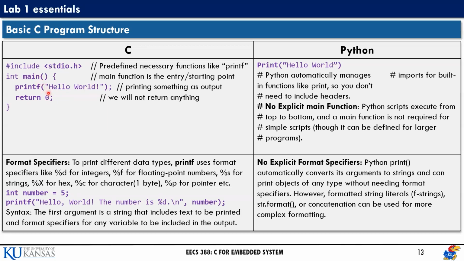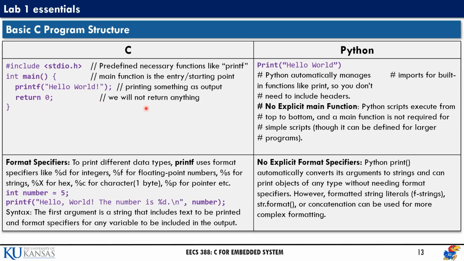We are not dealing with any integer operation here, so we are just returning 0, which means we return nothing. This is the very basic structure of a C program, and we always have to follow it.